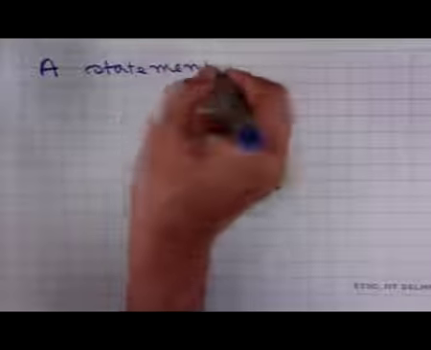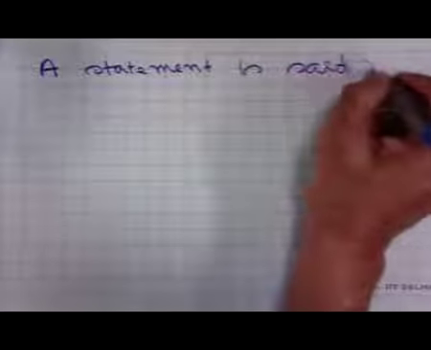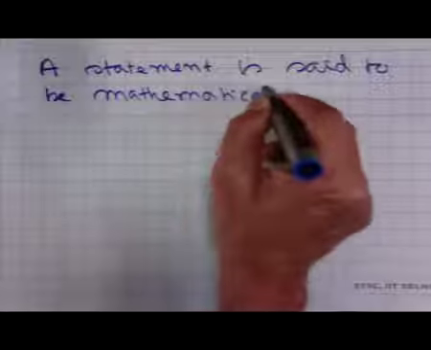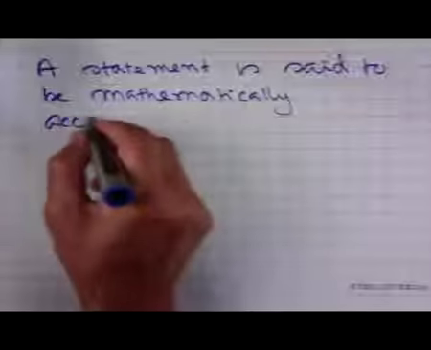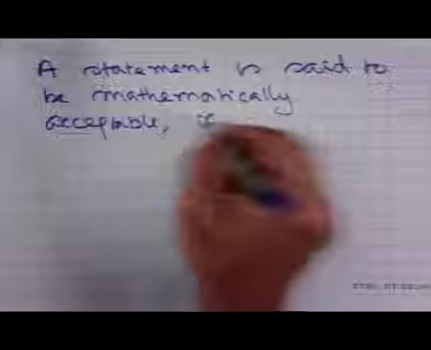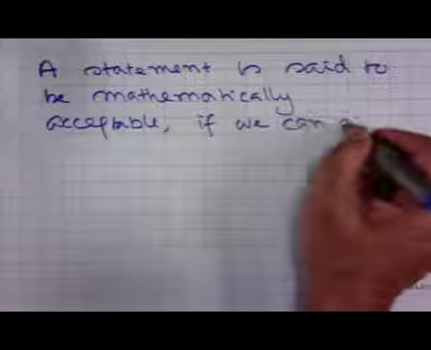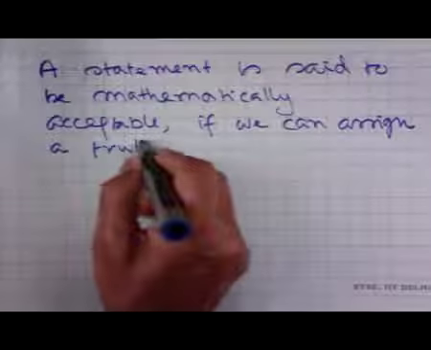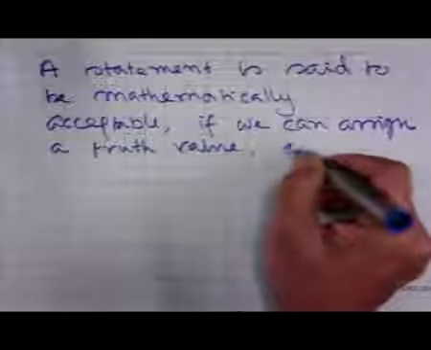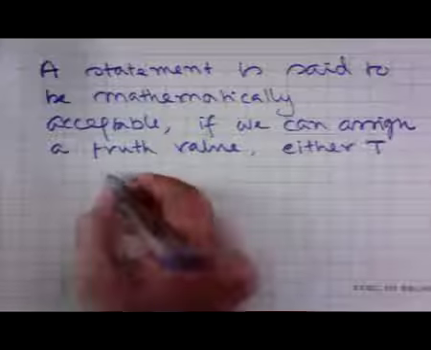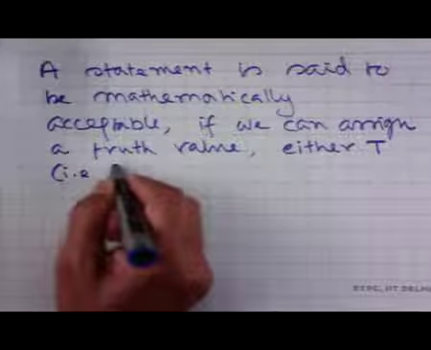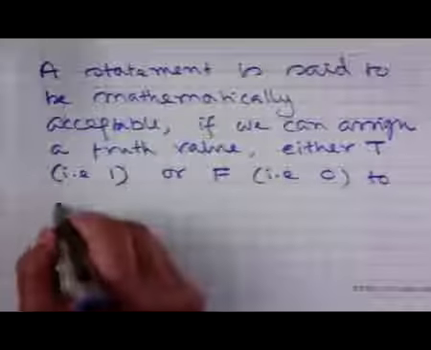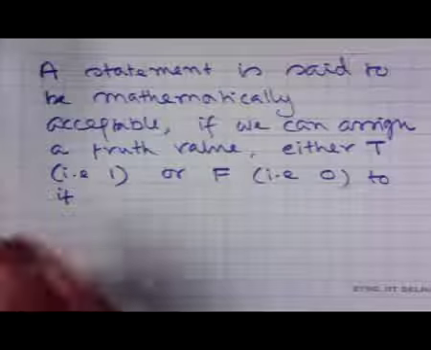A statement is said to be mathematically acceptable if we can assign a truth value, either true or false, to it.